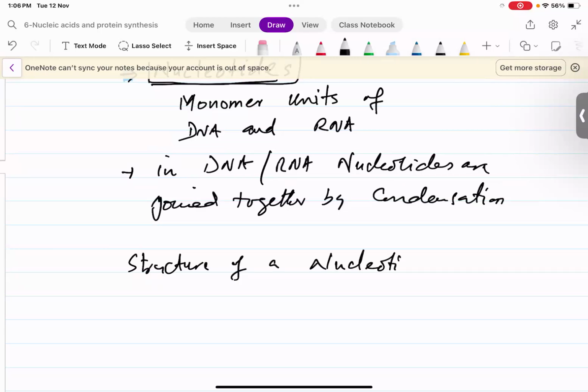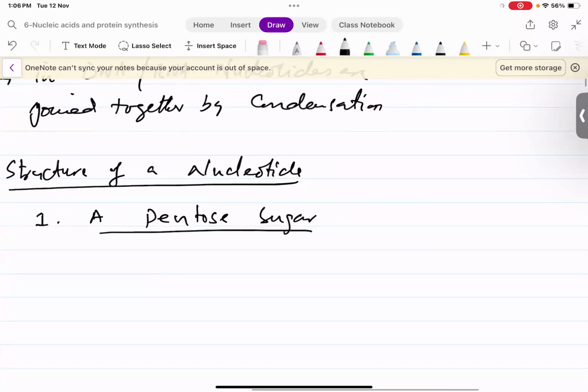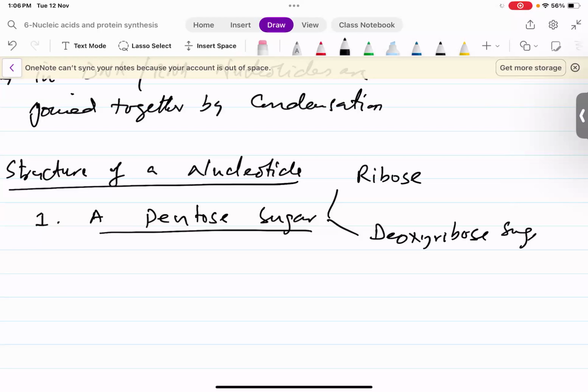A nucleotide has three components. Number one, a pentose sugar. There are two types of pentose sugar: ribose sugar and deoxyribose sugar.